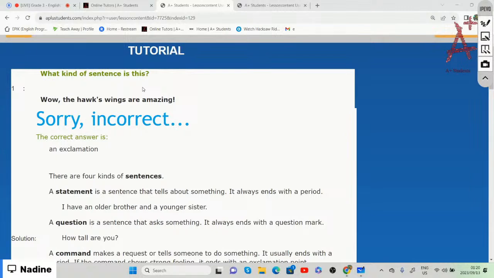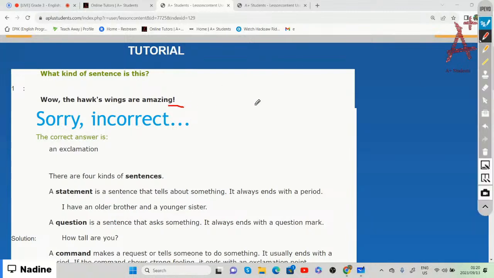If we look at that sentence, it ends with an exclamation point. So now we need to say if this is a statement, a question, a command, or an exclamation.